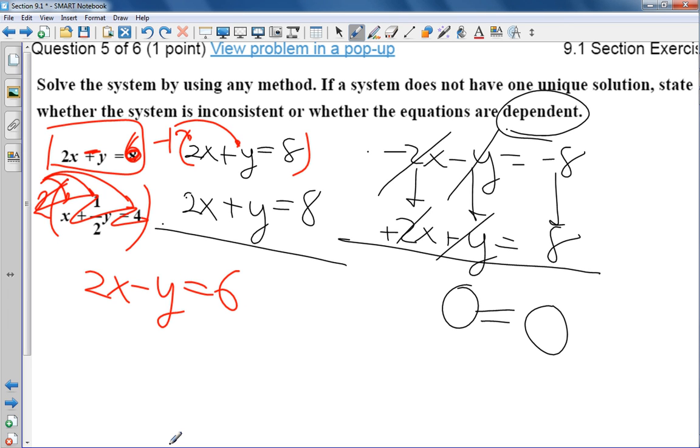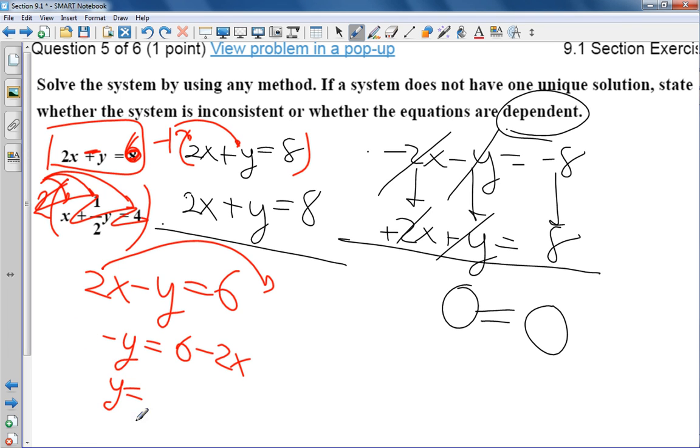You just need to write one variable in terms of the other one. So I need to isolate one of the variables. I will go with y. y is almost alone. Bring this to the other side, and divide both sides by -1, or multiply both sides by -1.